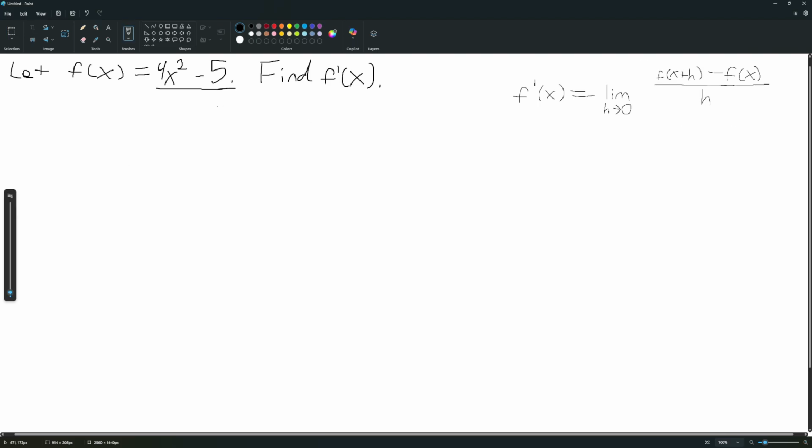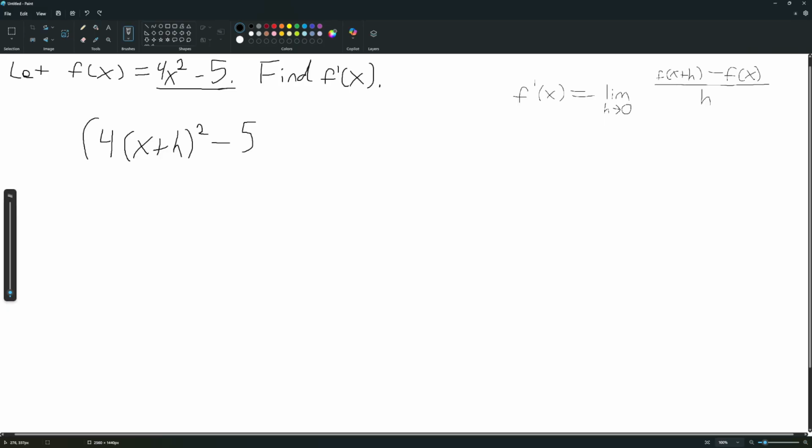Now we have to actually solve this problem. So what we're going to do is 4 times (x plus h) squared minus 5. And this is its own thing because this is f of x plus h right here.